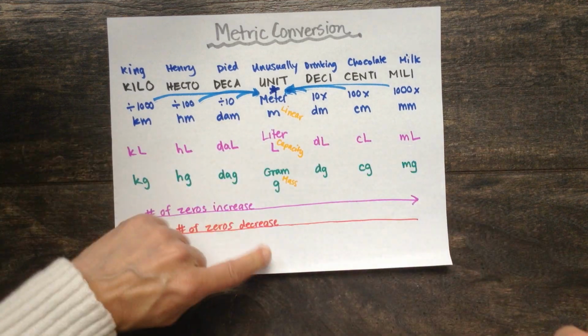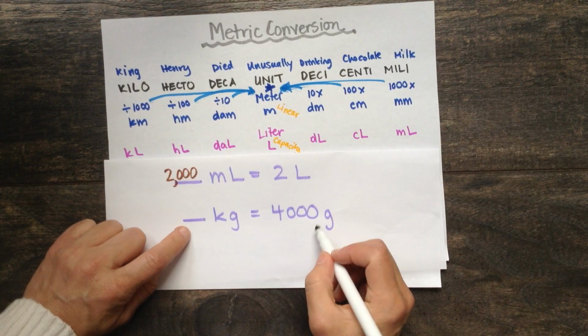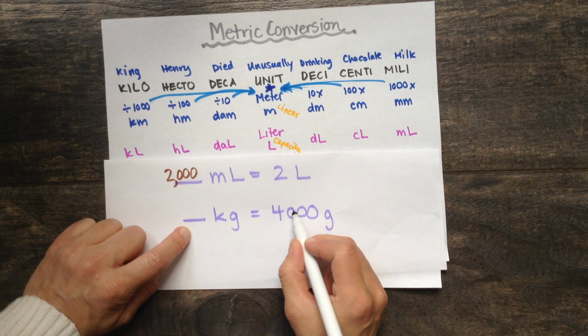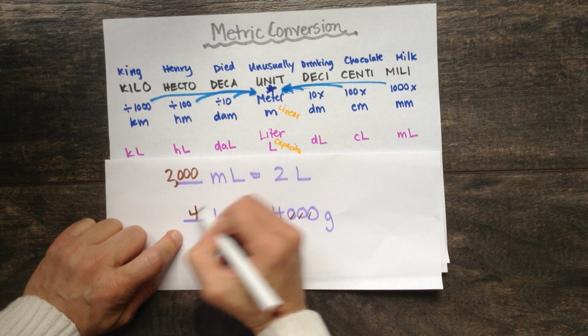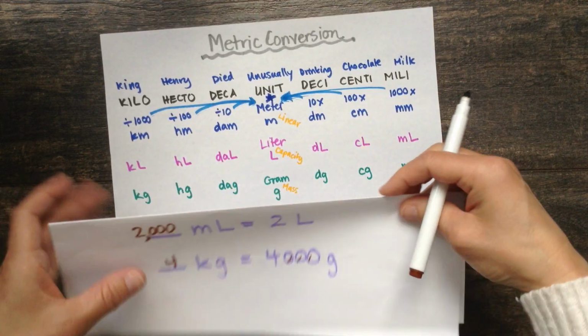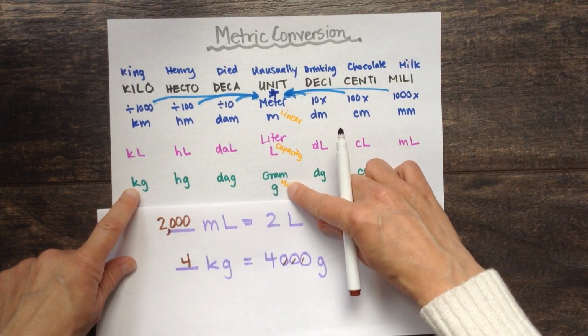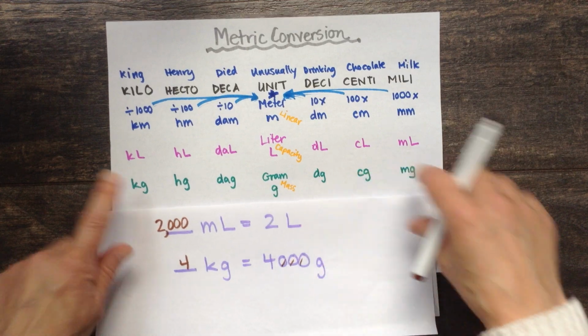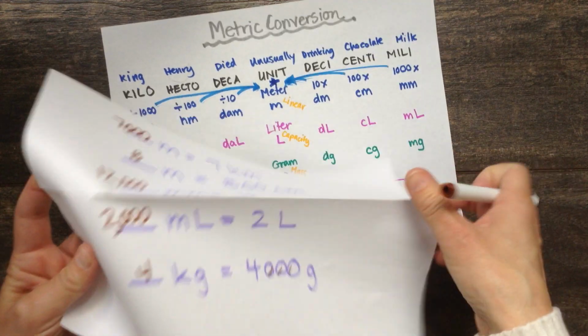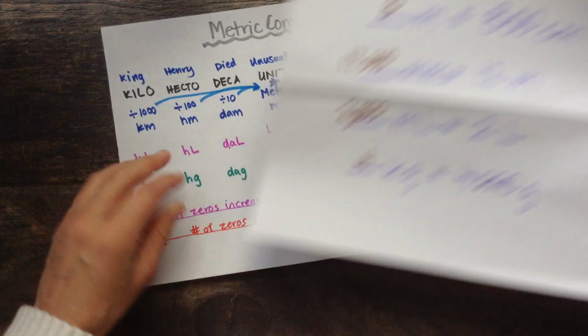That's 3 zeros decreasing. I'm going to take 3 zeros out. It's going to give me 4 kilograms. Does that make sense? If I had 1,000 grams, that is equal to 1 kilogram. So that makes sense.